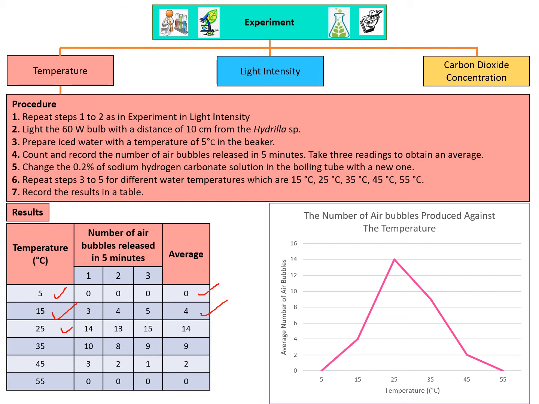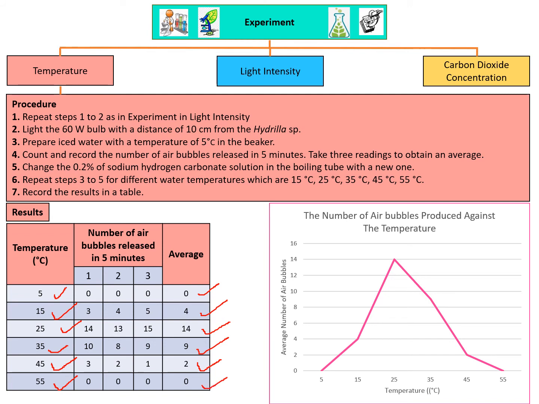At 25, this is the highest bubble release in 5 minutes, 14. At 35, the reading goes down to 9. When the temperature is 45 degrees Celsius, the average reading is only 2. At 55, there are no bubbles released in 5 minutes.